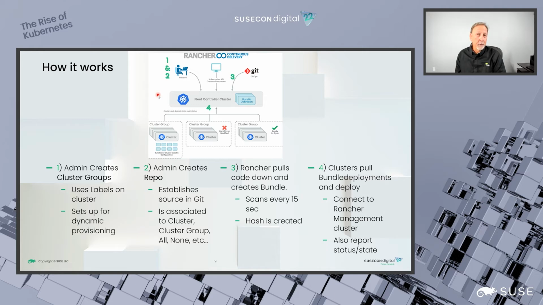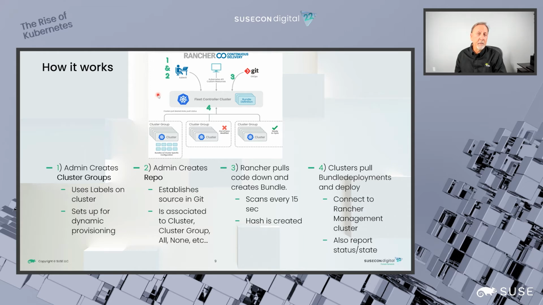I can also do associations on an all-cluster level. I can specify the existing cluster groups, or I can go and, from an advanced perspective, define a much more complicated way of mapping a particular repo to some target group of clusters.